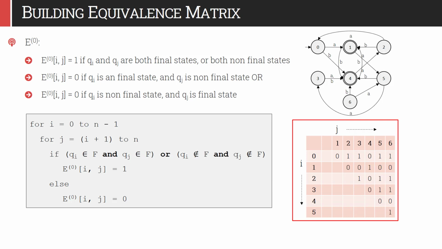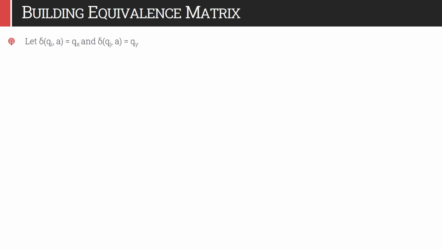From this, we now have to construct E of 1, E of 2, E of 3, etc., until two consecutive equivalence matrices are the same. We will repeat this process. To construct the subsequent equivalence matrix, we have to find the transitions on all input alphabets A from states Qi and Qj, using the previous equivalence matrix, and assume that those transitions are Qx and Qy respectively.